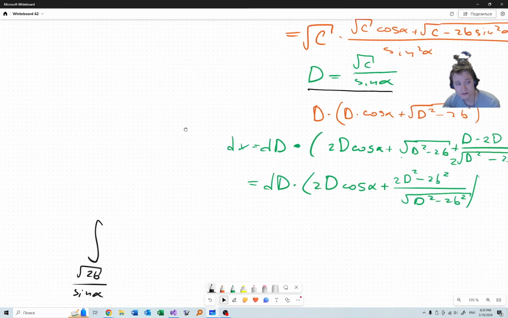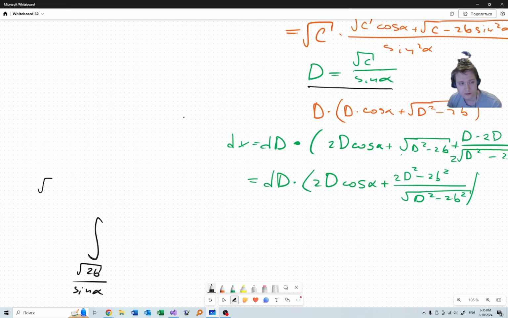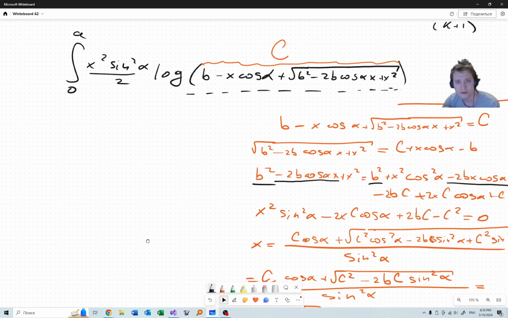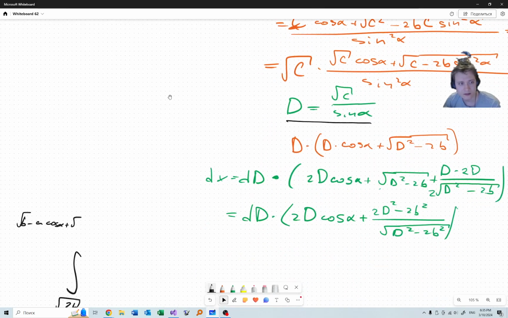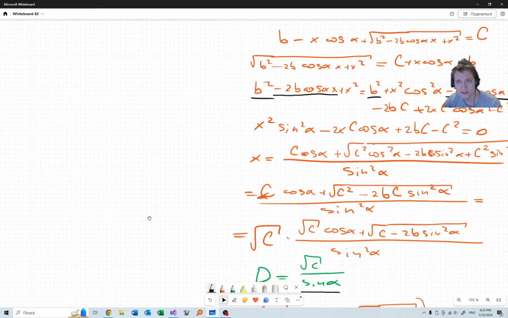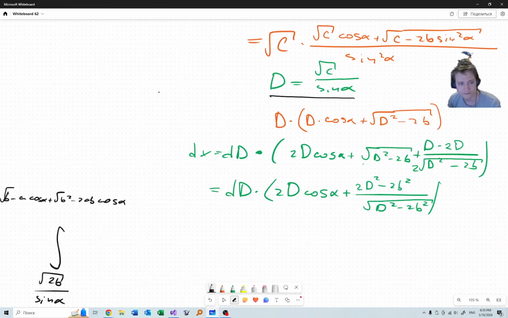And it becomes something terrible, which is the square root of b minus a cos alpha plus the square root of b squared minus 2ab cos alpha plus a squared, over sine alpha.